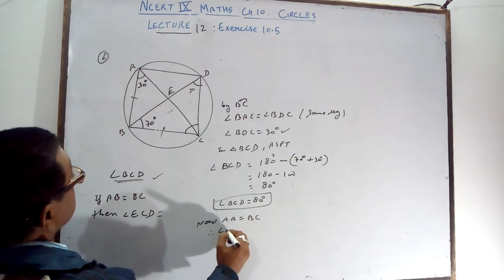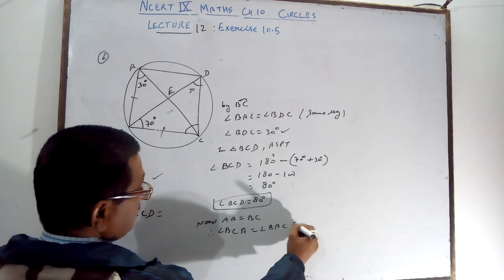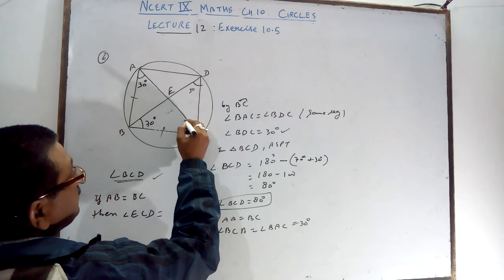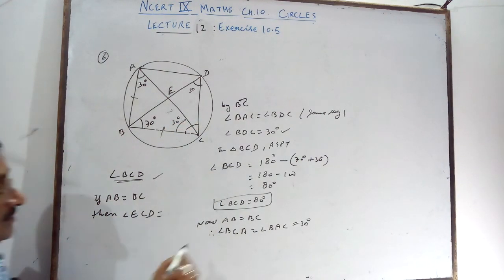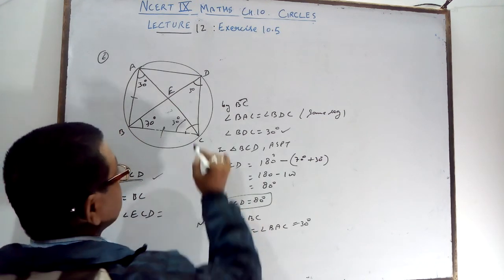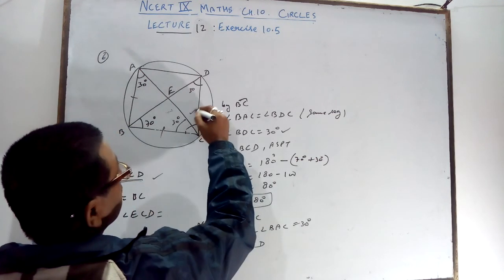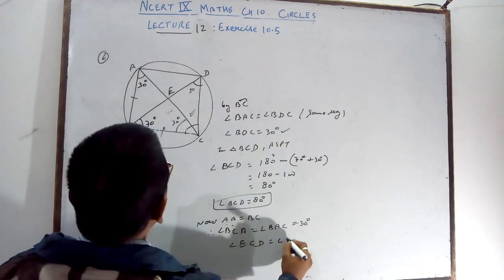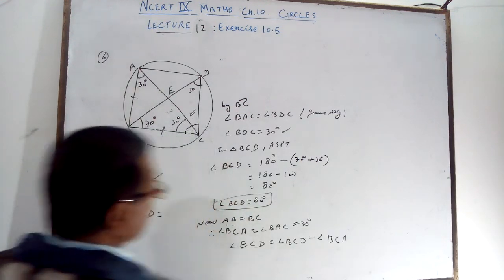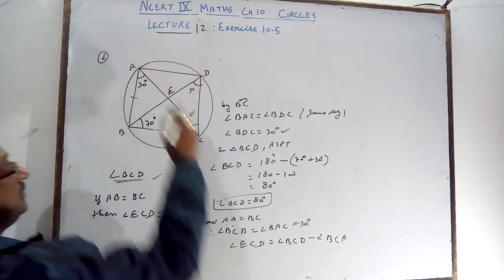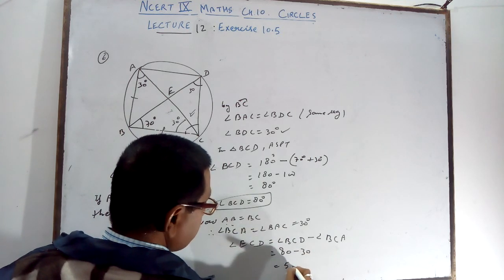So angle BCA is equal to angle BAC, which is 30 degrees, because angles opposite to equal sides are equal. So ECD, this angle you want, is equal to angle BCD minus angle BCA. So 80 minus 30 will be 50 degrees.